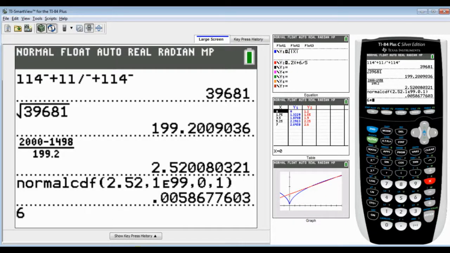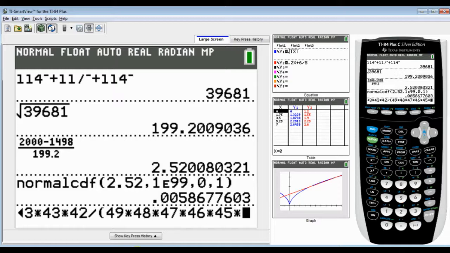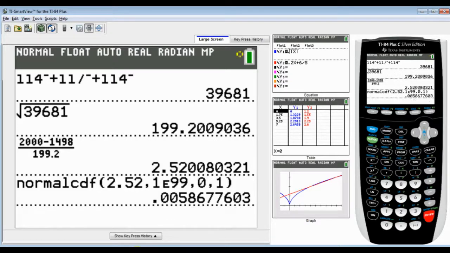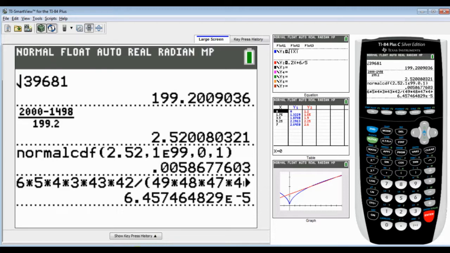It's 6 times 5 times 4 times 3 times 43 times 42, divided by 49, 48, 47, 46, 45, 44. Okay, that's a really small number. And that's the probability.